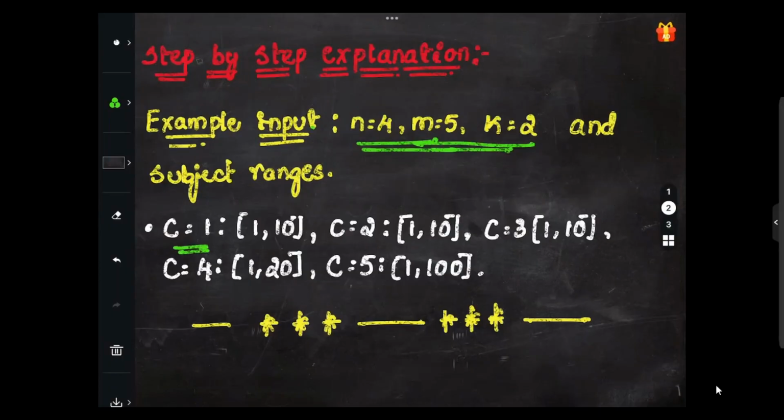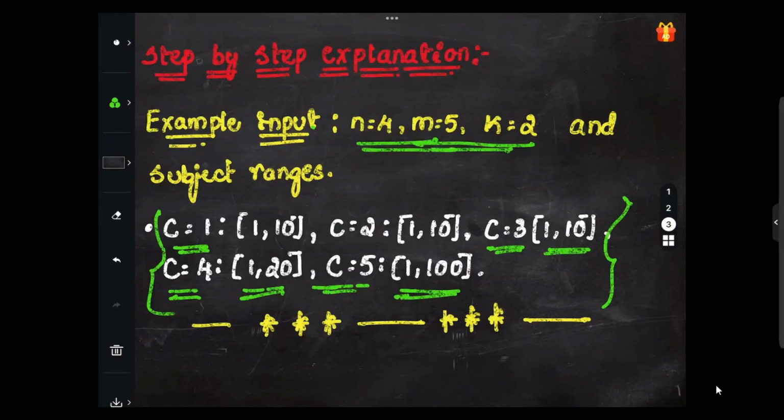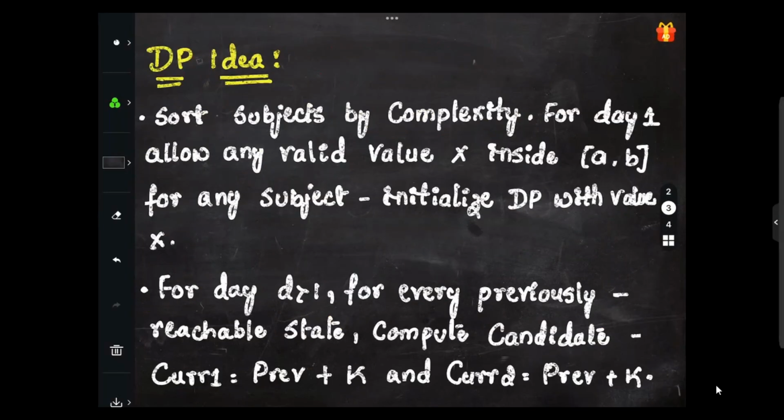And the subject ranges: for subject 1, the range is 1 to 10; for subject 2, 1 to 10; subject 3, 1 to 10; subject 4, range 1 to 20; and subject 5, range 1 to 100. So these are the subject ranges basically, right? Now let's discuss the DP idea for the example, then discuss the complexities, and then write the code.